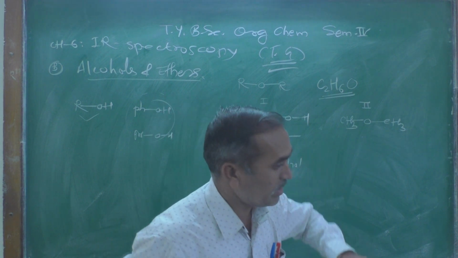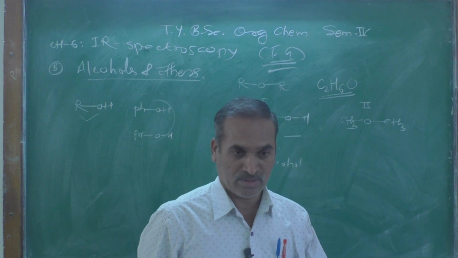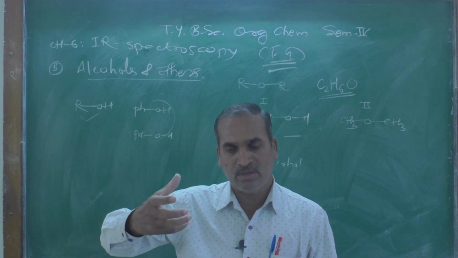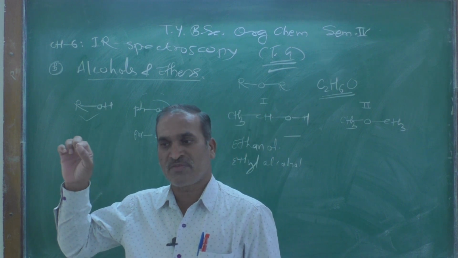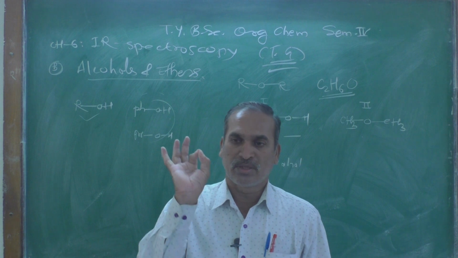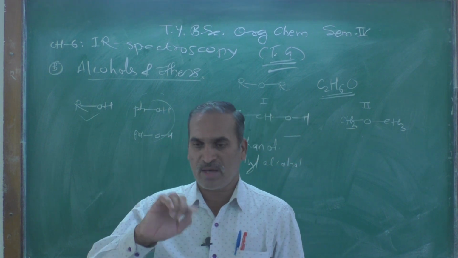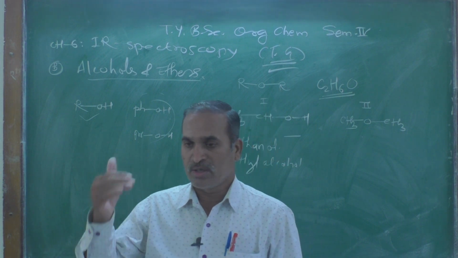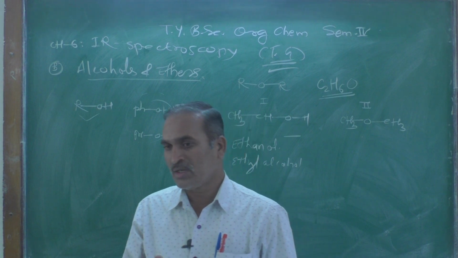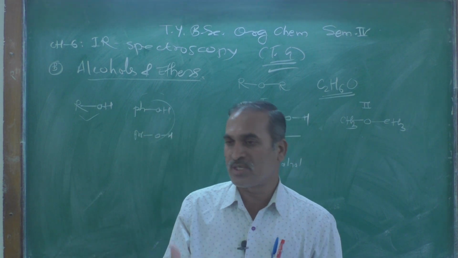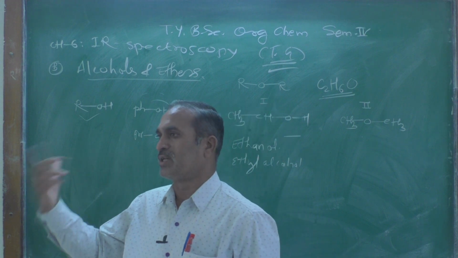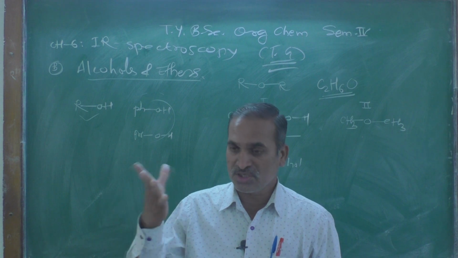And therefore by knowing this, in our previous lecture we have seen the stretching frequencies of particular bonds: the bond between oxygen and hydrogen, the bond between carbon and hydrogen, the bond between nitrogen and hydrogen, the carbon-oxygen double bond, the stretching frequency of the carbon-carbon double bond, the carbon-carbon triple bond, and the terminal acetylenic CH stretching.